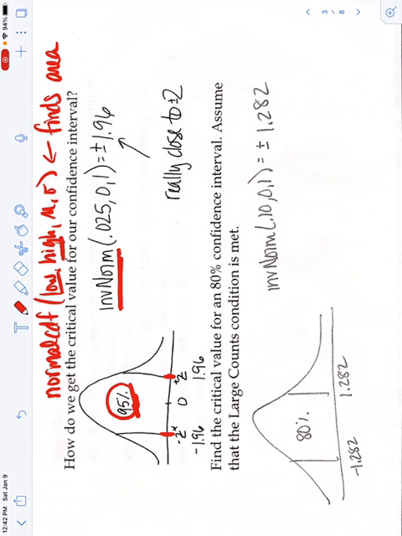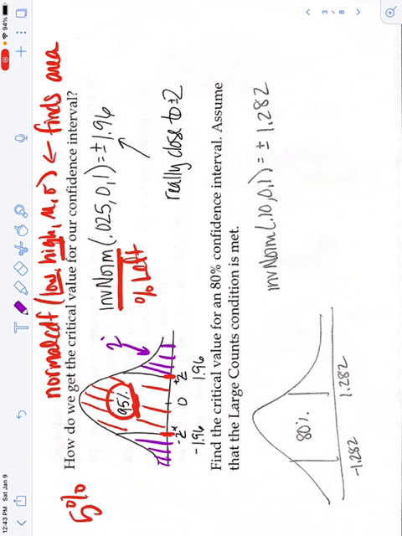Well, if you'll remember, inverse norm finds percent to the left. So if I want 95% in my distribution, that means I have 5% left outside. And I have two wings that are not included in that 95%, so that 5% gets split in half.